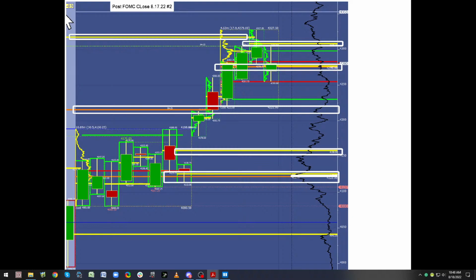The volume point of control is a term that just indicates where the high volume is in the developing daily profile. It's retail for the day. And this moves around during the day as the auction moves around. So you'll see it move, and we can glean some insight from that.